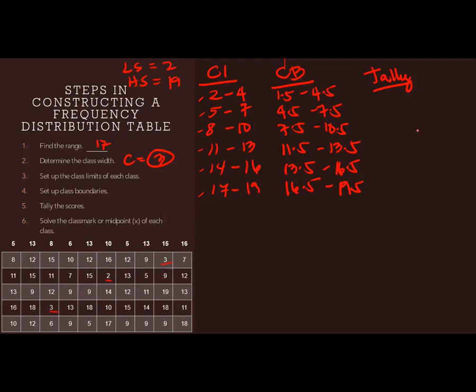So we have 3. Next, we are going to look for the number of scores that belong to 5, 6, and 7. So we have 1, 2, 3, 4, 5, 6, 7, 8, 9. So we have 9.